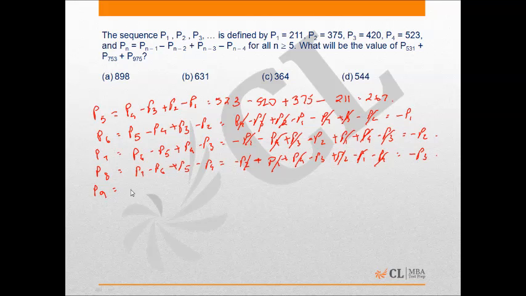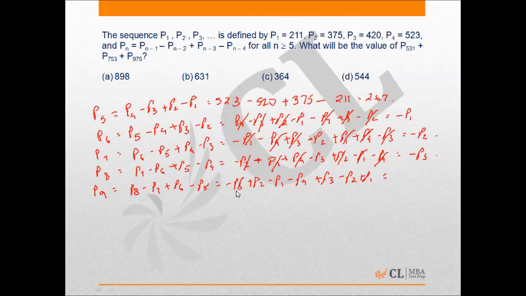Continue to P9, that will be P8 minus P7 plus P6 minus P5. So we substitute again: minus P3, then plus P2, P6 is minus P1, P5 is minus P4 plus P3 minus P2 plus P1.